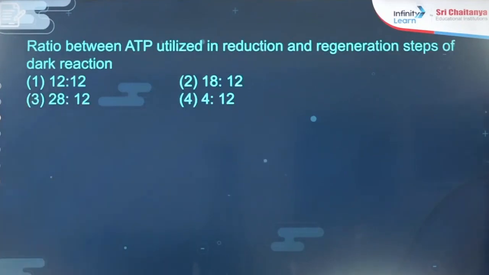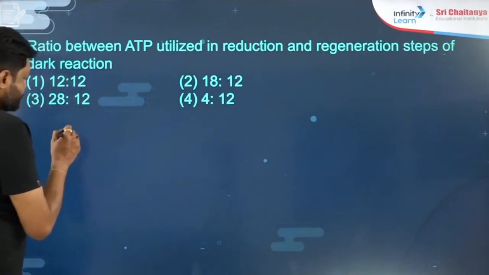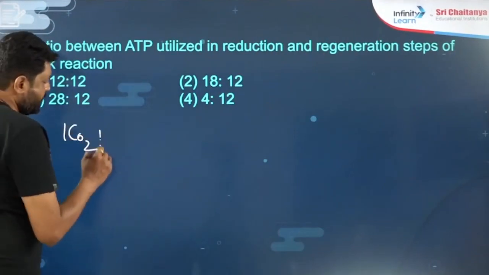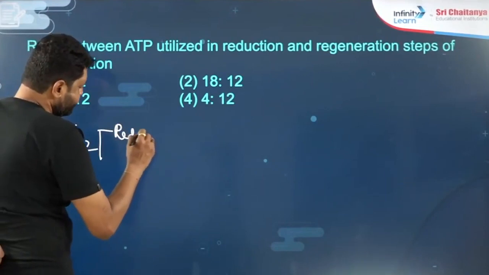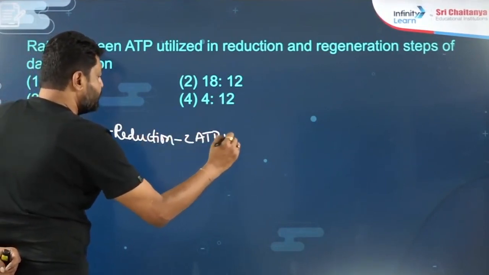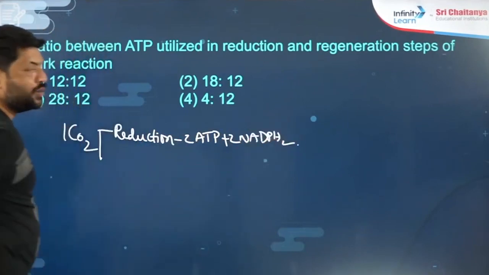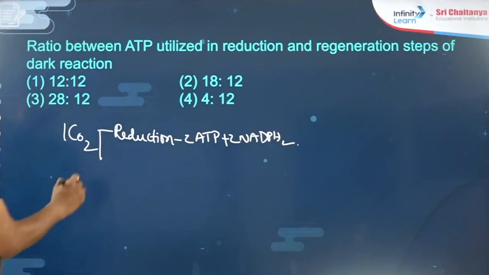Next question. Ratio between ATP utilized in the reduction and regeneration step of the dark reaction. I told you already, students: 1 CO2 for reduction, 2 ATP and 2 NADPH2 is required.